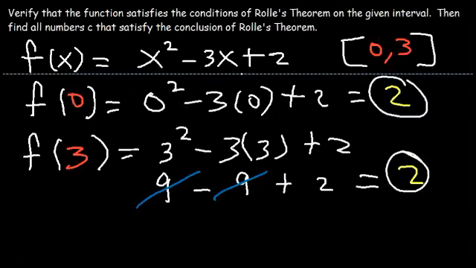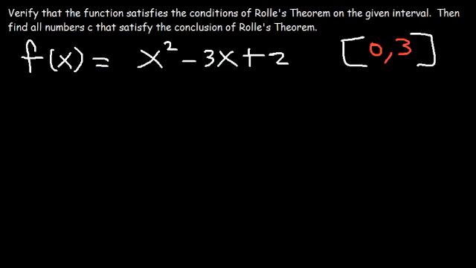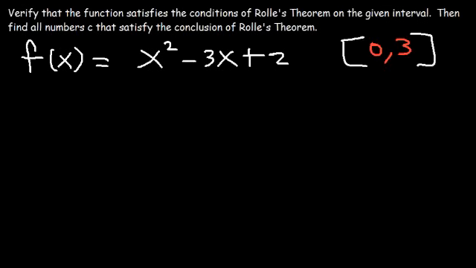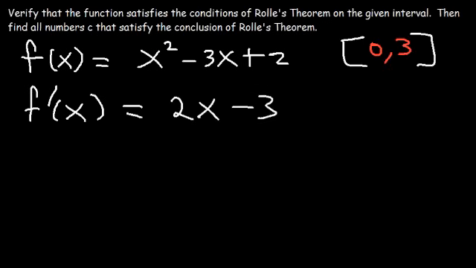So what that means is that there is some value c where f prime of c is equal to 0. To find the c value, your first step is to find the first derivative of the function. So f prime of x is equal to 2x minus 3.